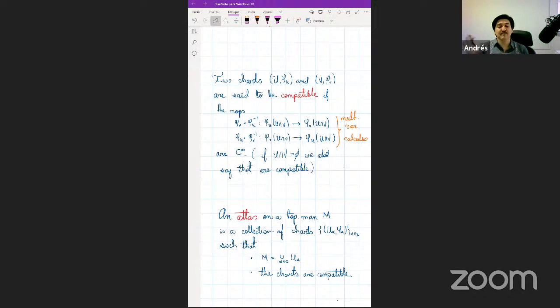I take some collection of shards. The only thing that I require is there must be enough of them so that I can cover M. So that would be even one shard, finite number, or many. But the actual condition that we require is that the shards of the atlas must be compatible.